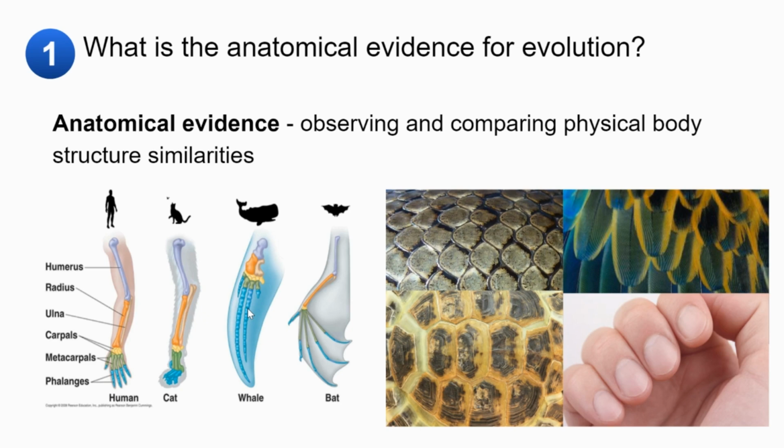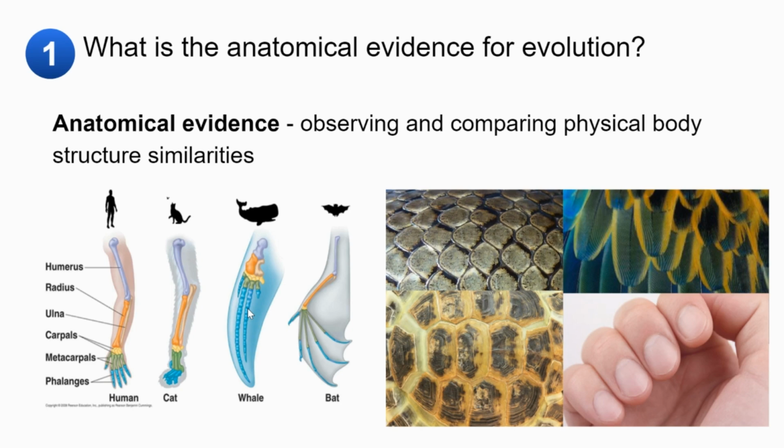They all also start with an elongated humerus that connects to two long bones, the ulna and the radius, that then connect to a series of small carpal bones, which then connect to thin but longer metacarpals and end with phalanges or the finger bones. They all have variations of these five finger bones, with an exception to the whale, which was determined to have fused with some other bones.